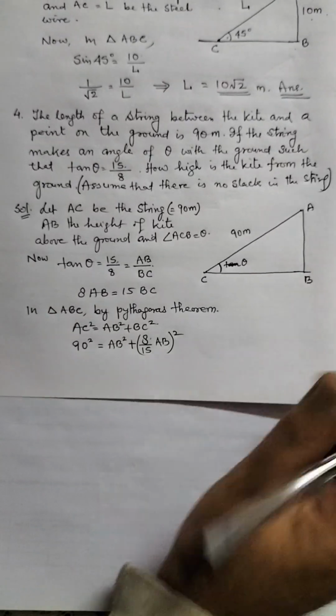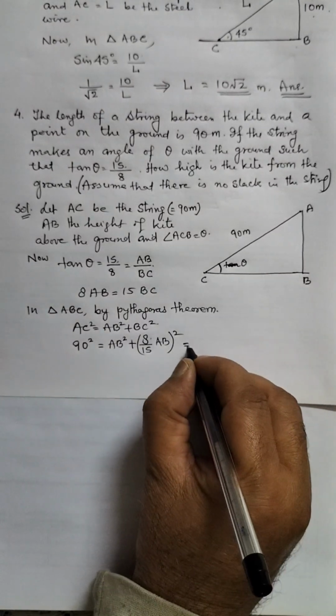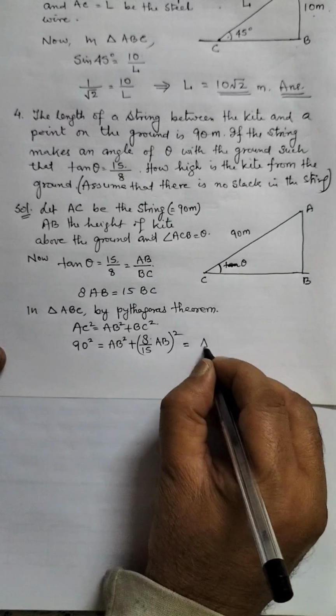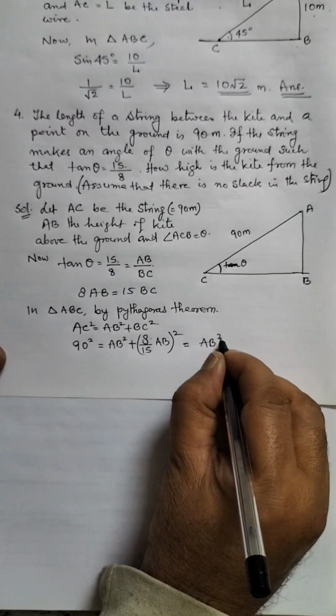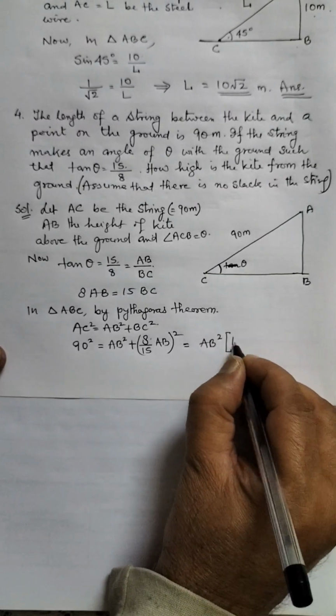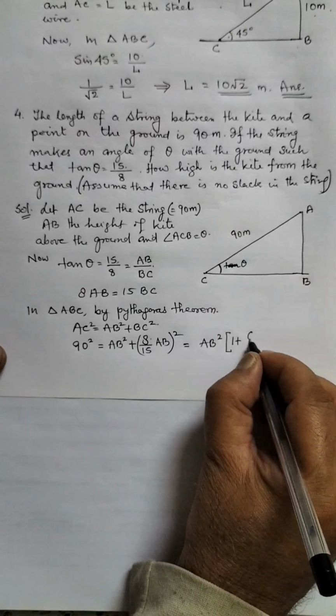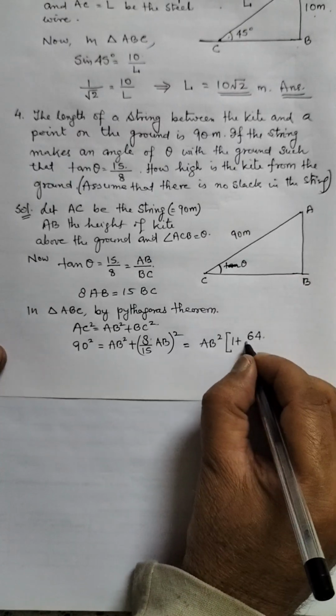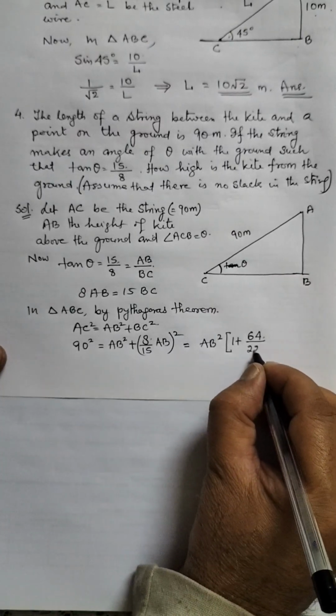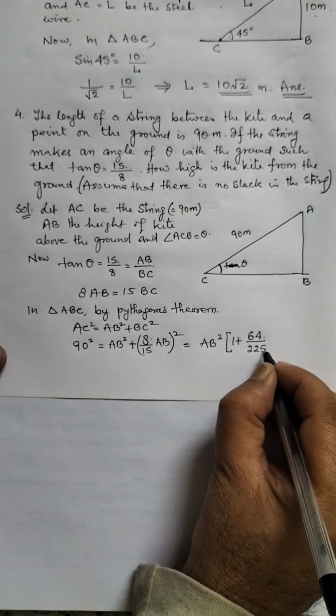This will become AB square taken common, 1 plus 8 square is 64 and 15 square is 225.